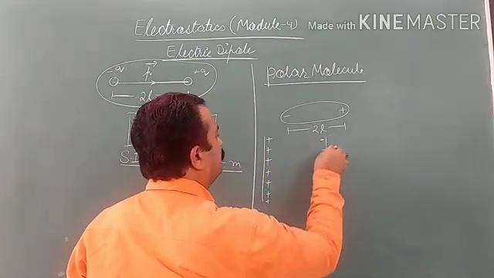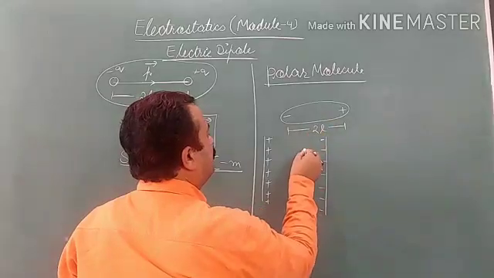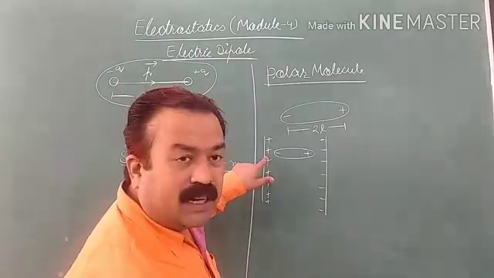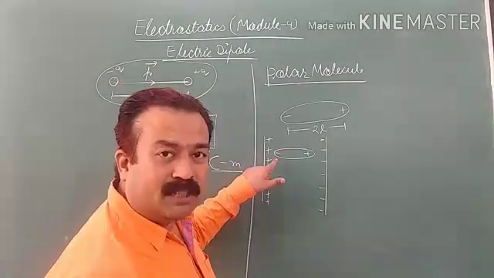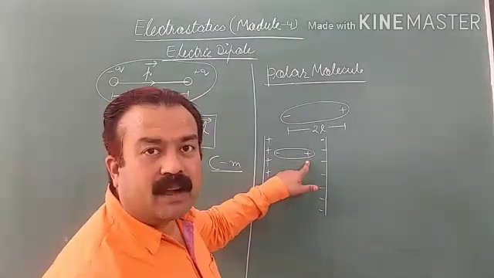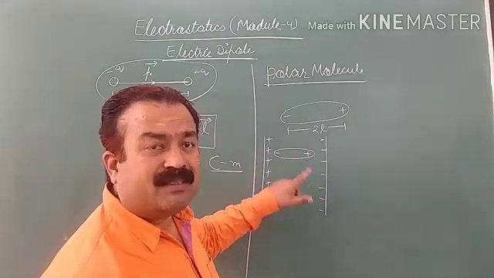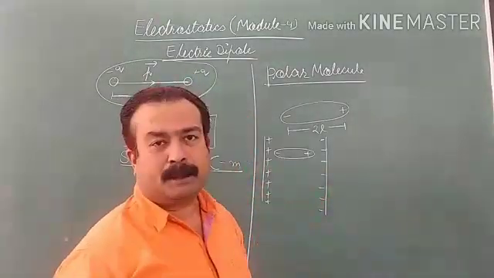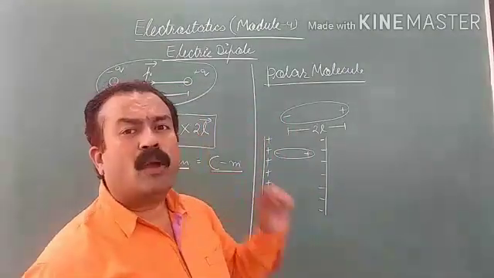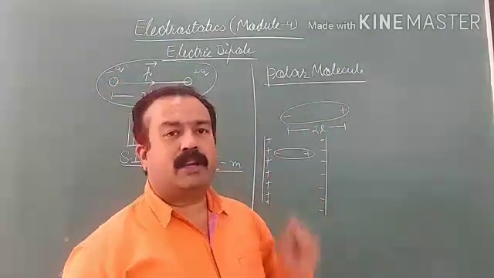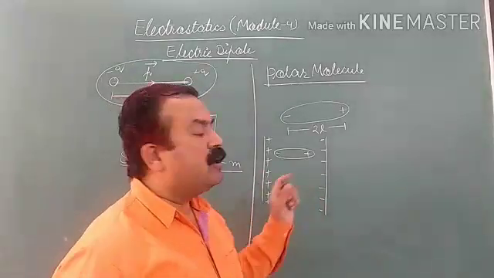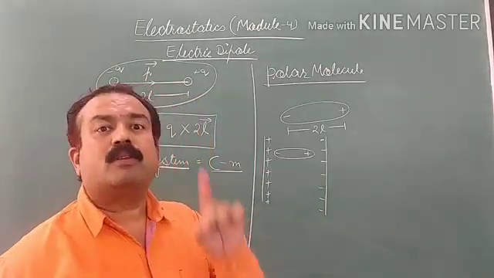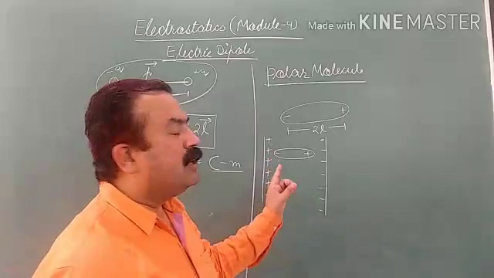This type of molecule aligns itself in this manner, because the positive charge will attract the negative charge and the negative charge will attract the positive charge. This kind of molecule aligns itself inside the strong electric field in this manner. So when we place a polar molecule inside a strong electric field, the only duty of the electric field is the alignment.